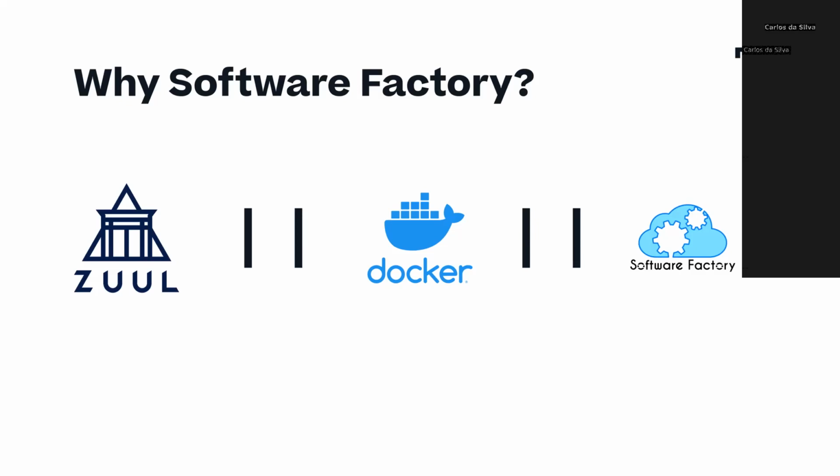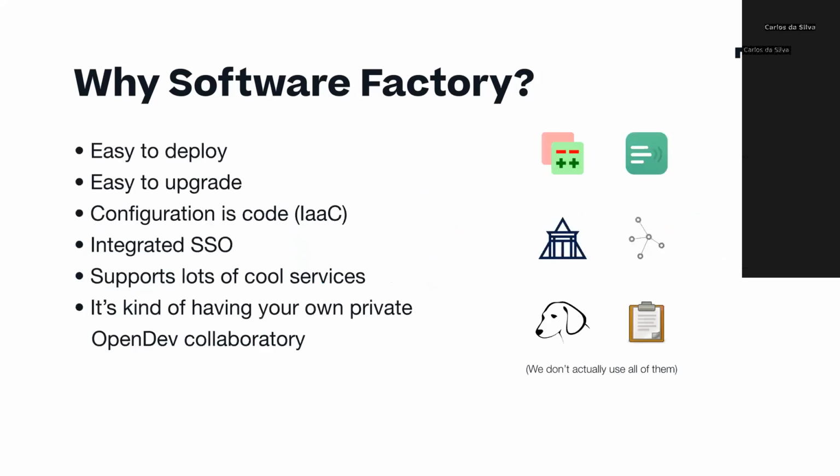Or you can use prepackaged container images that the Zuul project makes available in Docker Hub, which is a nice alternative. The images are supposed to work out of the box, and you pass some environment variables to them. Or you can use Software Factory, which is the option that we went with for a couple of reasons.